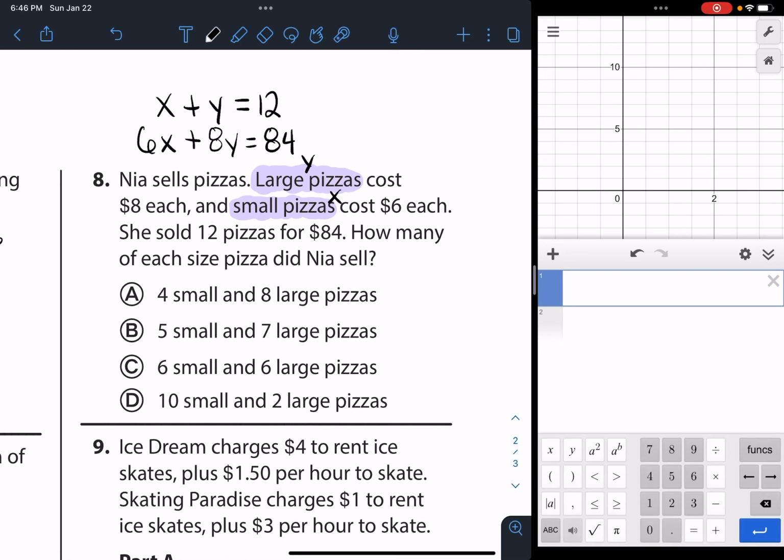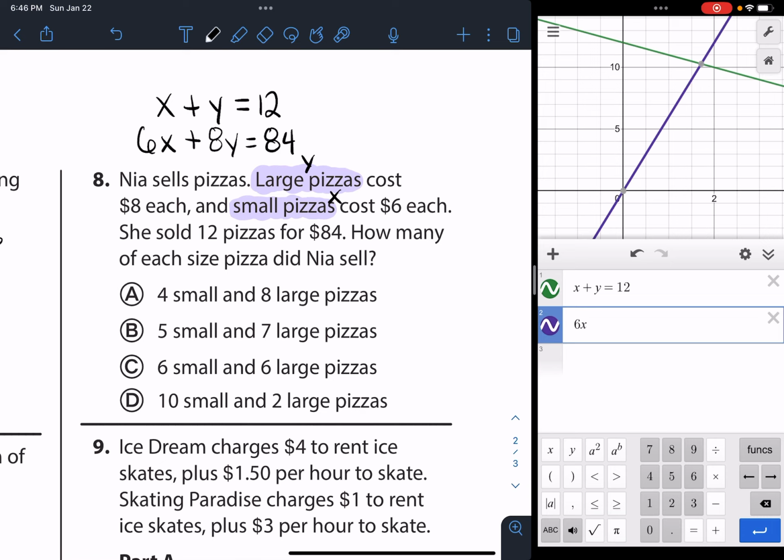So we got x plus y equals 12. And then you type in the other one, 6x plus 8y equals 84. And then you have both your equations graphed. All you have to do is find where they cross, and that intersection is your answer.